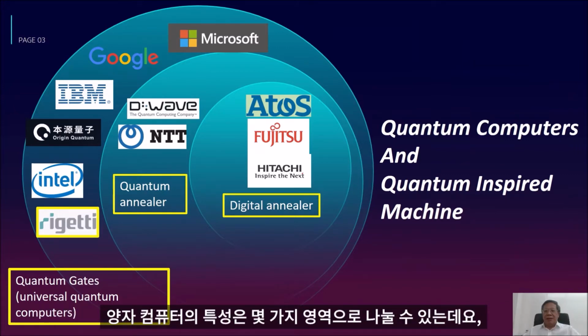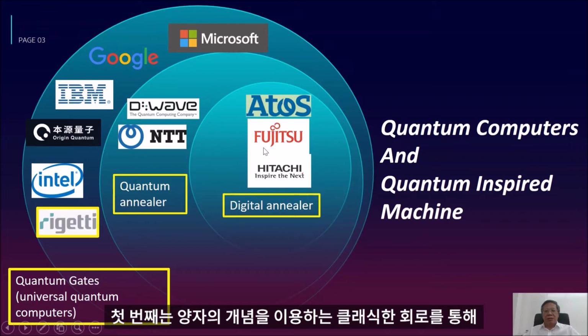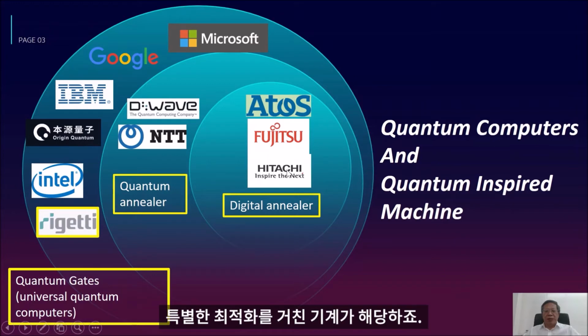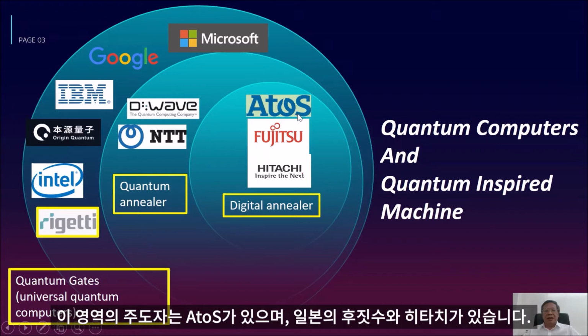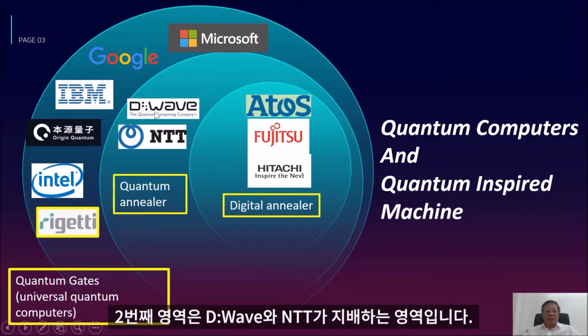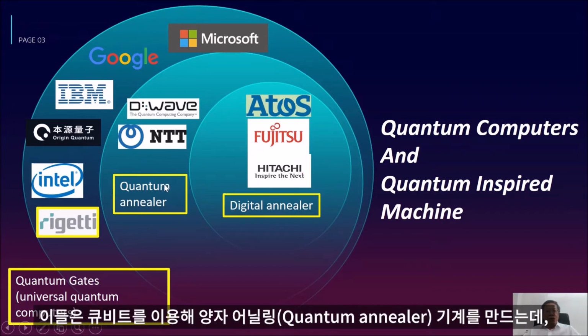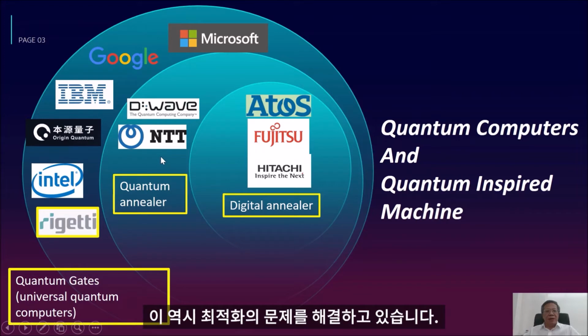The quantum computer can be divided into three different regions. The first is classical circuitry that uses quantum concepts to design a special kind of optimization machine. The big players are France's ATOS and Japan's Fujitsu and Hitachi. The second region is dominated by D-Wave and NTT. They use qubits to build a quantum annealing machine to solve optimization problems with the Ising model.